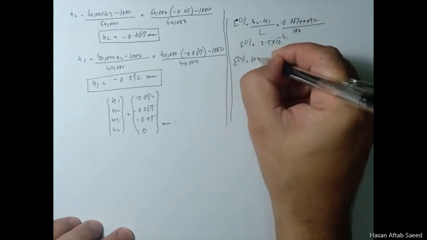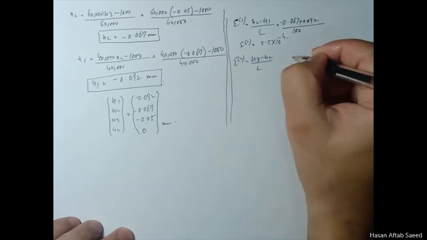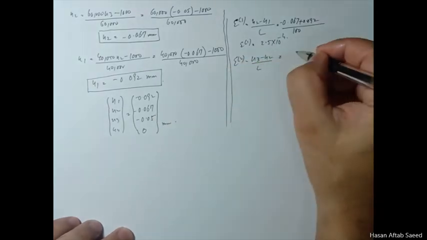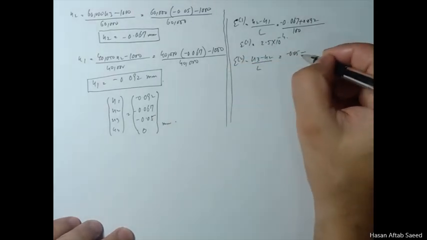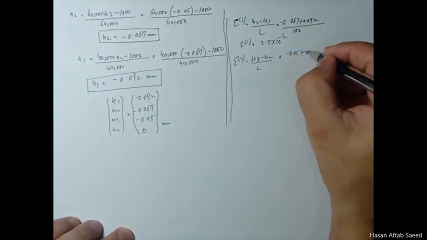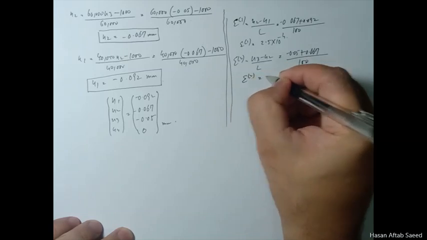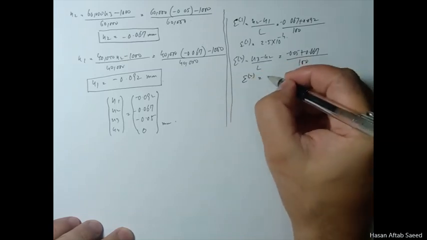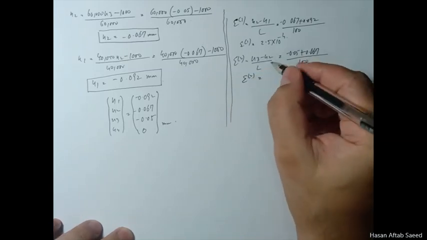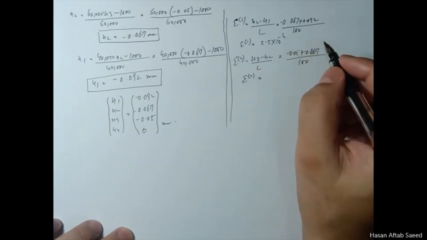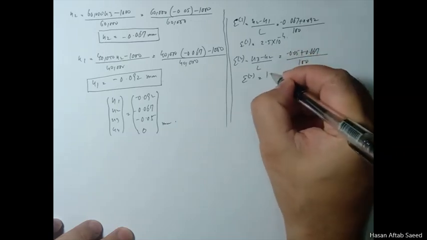Epsilon 2 is u3 minus u2 over L, that is minus 0.05 minus plus 0.067 over 100. So epsilon 2 turns out to be 1.7.